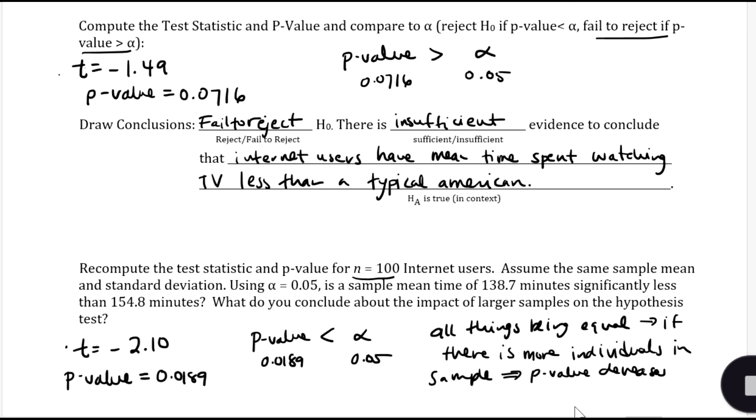This means it's going to be easier to get statistically significant results. And that's why you want to look at practical significance when you have large sample sizes, to see if there is not only statistical significance, but practical significance that would make it worthwhile to continue on in that new direction.